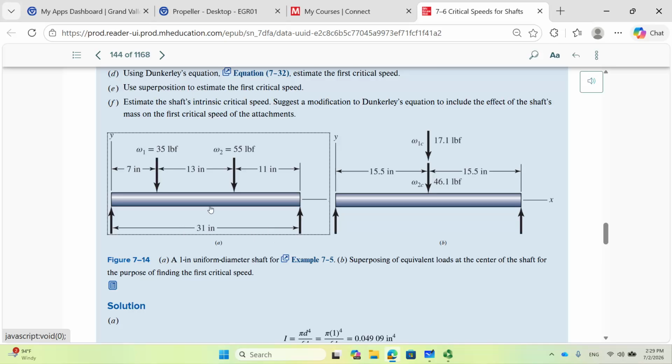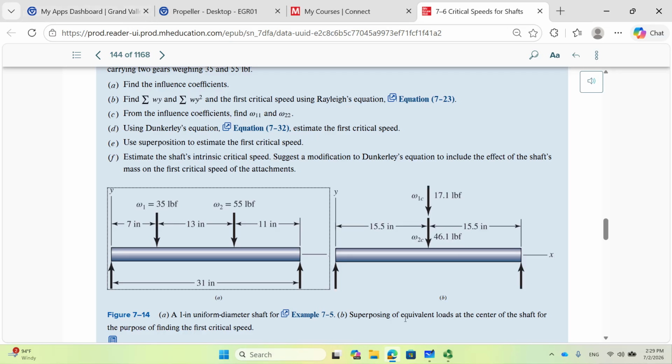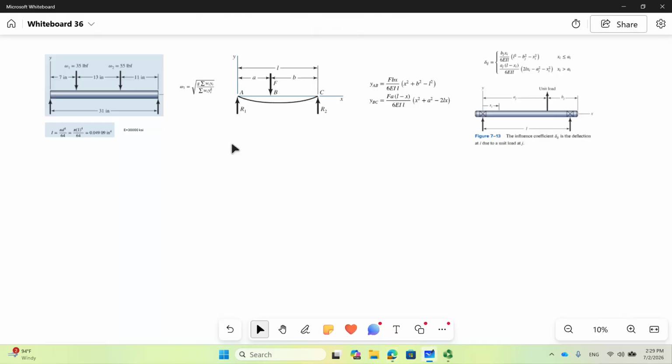These are the information we need to model this. At first I'm going to use ANSYS APDL to find these deformations Y1 and Y2, and then I'm going to talk about two other methods that we can use to find these deformations.